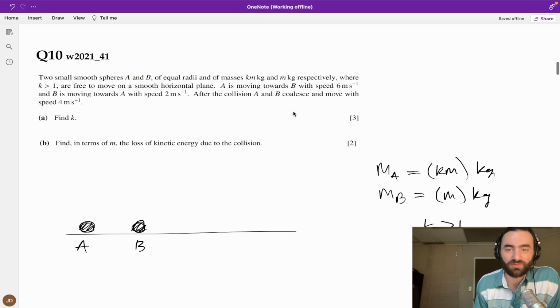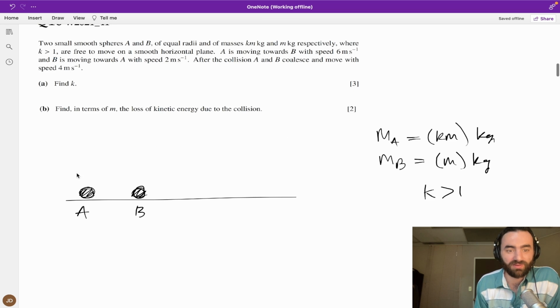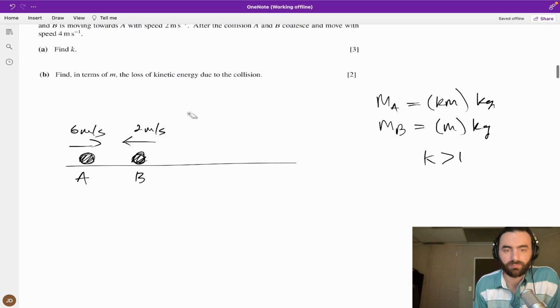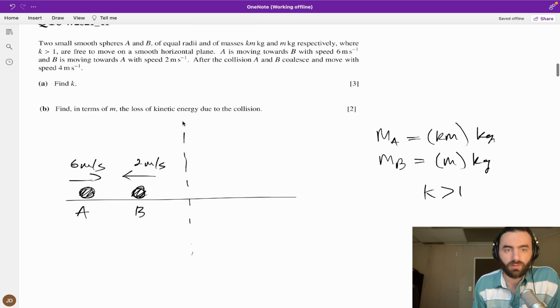Okay, so A is moving towards B with 6 meters per second, and B is moving towards A at 2 meters per second. After the collision, A and B coalesce, which means they come together. Remember it is saying speed, but I'm notating direction here.